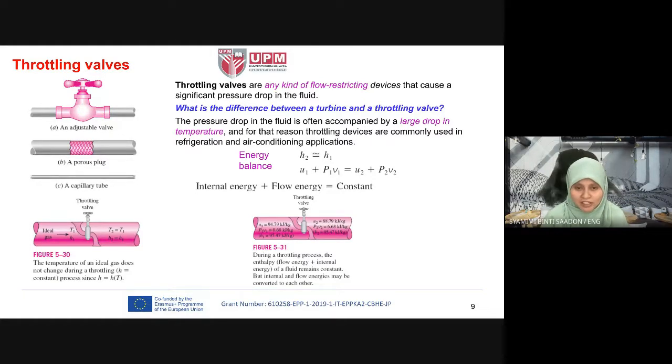Enthalpy is the internal energy, the energy inside the system, and the flow energy. Flow energy is energy due to the pressure and volume, PV. So only that. There is no work, there is no heat transfer.